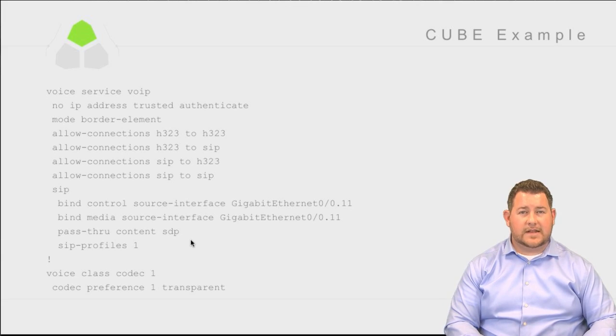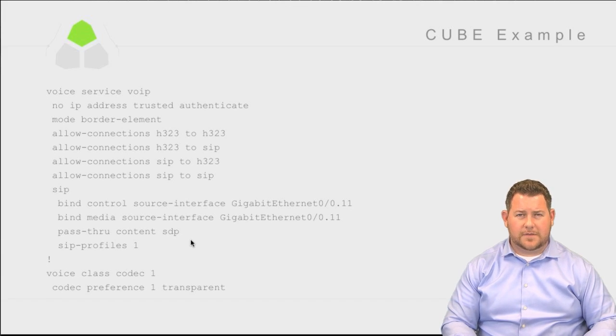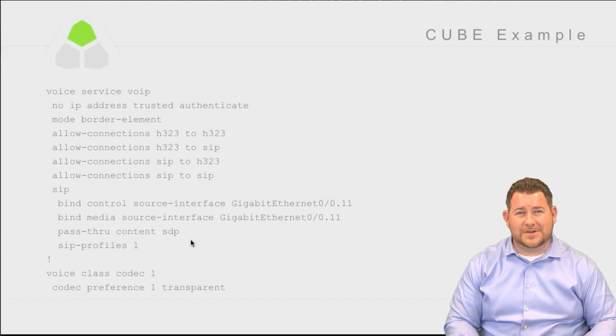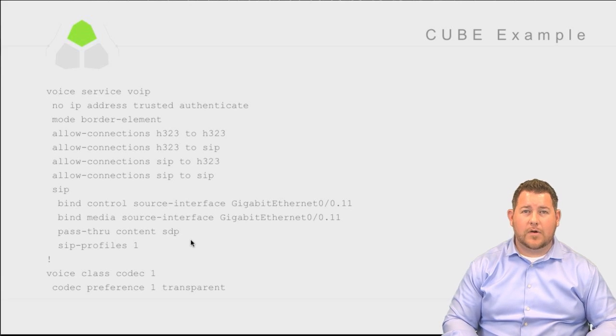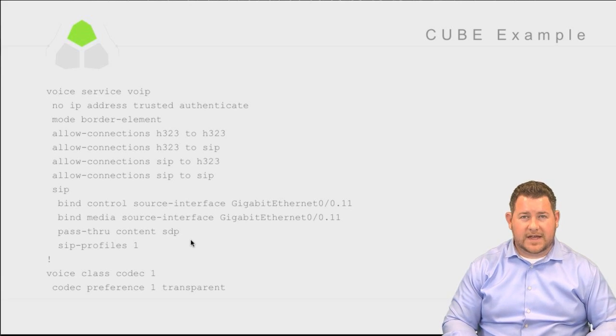So you need to make sure that the dial peer is able to negotiate that communication. And we'll show you through a couple different lectures actually how to do that. So pass-through content SDP is a global configuration command that's going to allow the transparent passing of those SDP settings, or SDP messages, I mean.